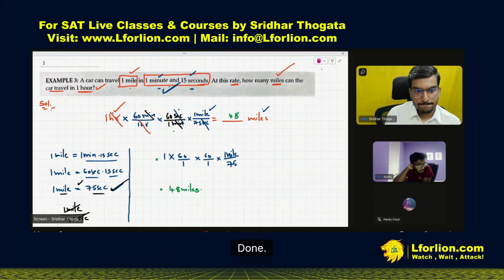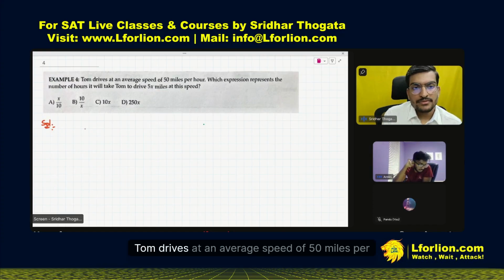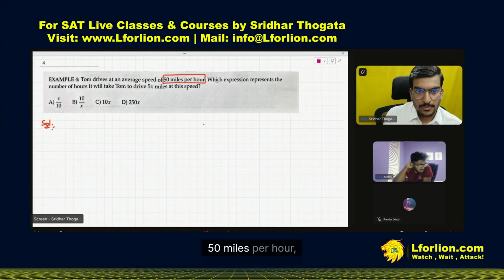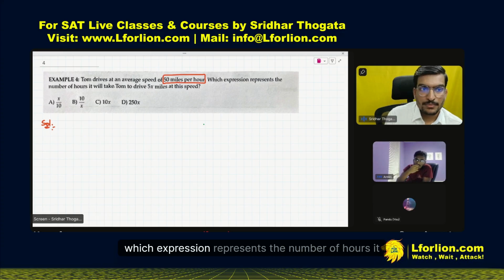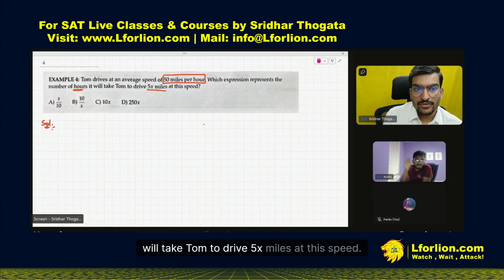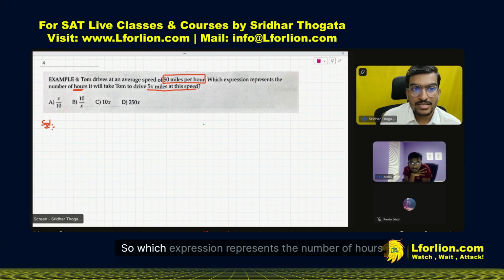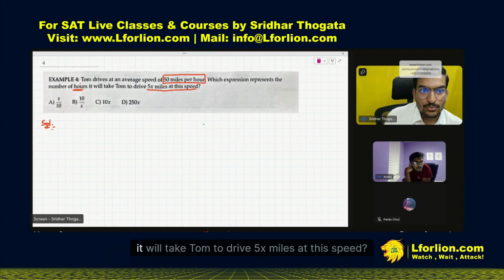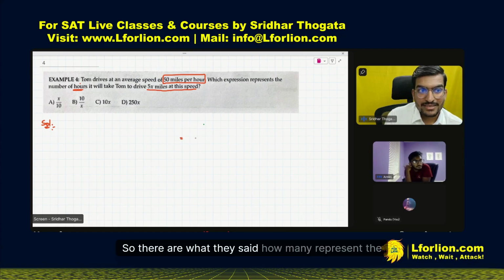Done? Done. Now, Tom drives at an average speed of 50 miles per hour. Which expression represents the number of hours it will take Tom to drive 5x miles at this speed? So they said, represent the number of hours.